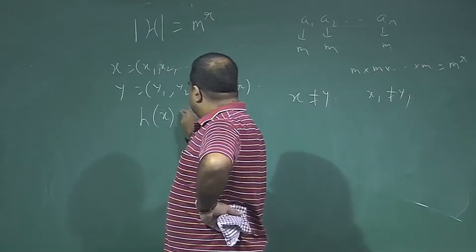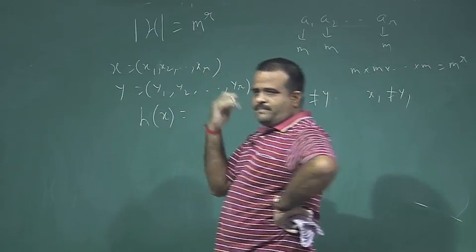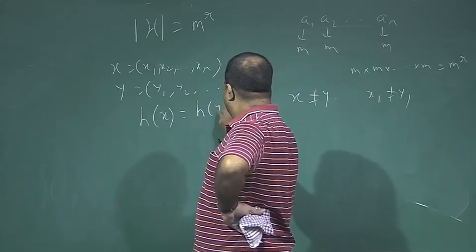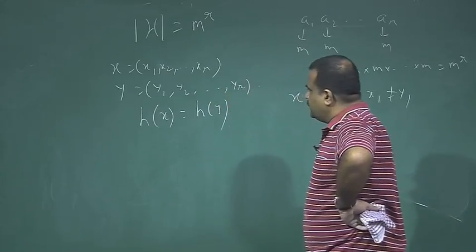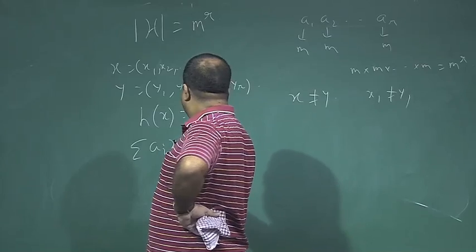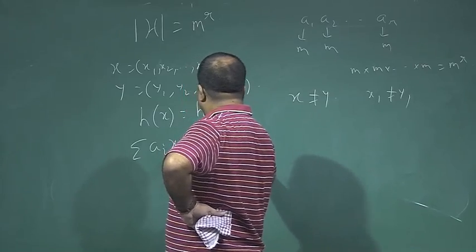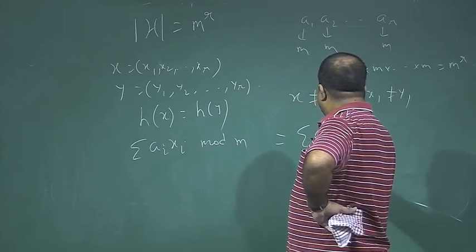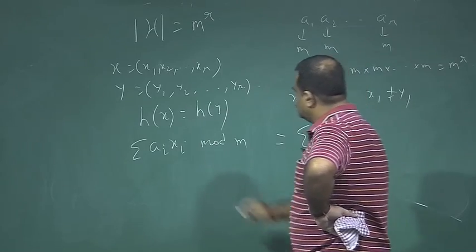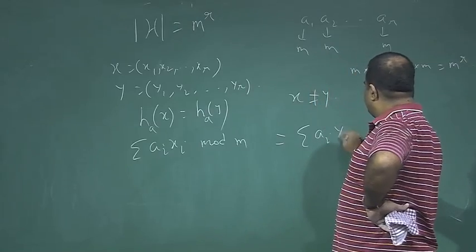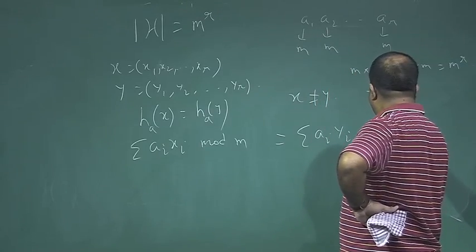Now, we are calculating the cardinality of the bad portion. So we take h of x equal to h of y. So h of x is the summation of ai xi mod m, which is equal to the summation of ai yi mod m.